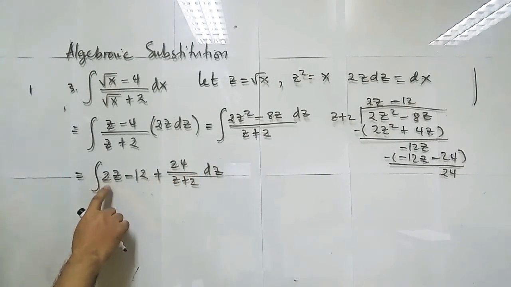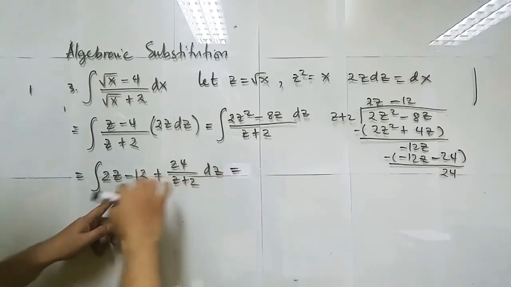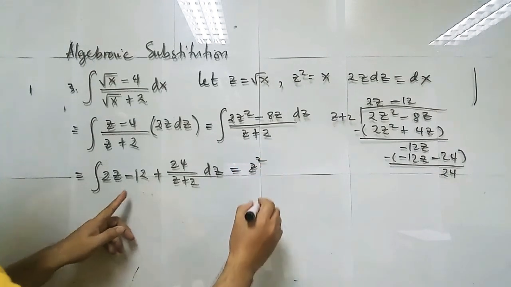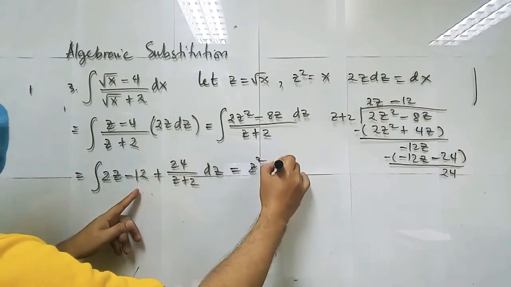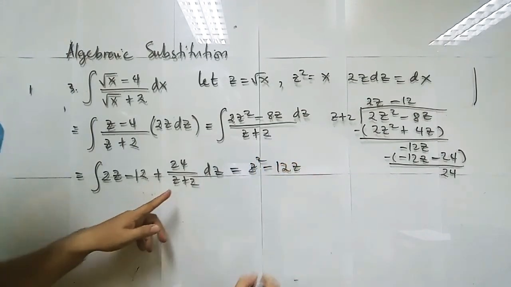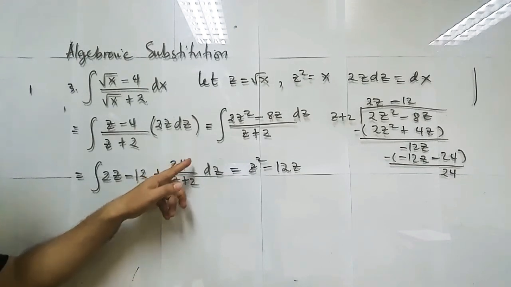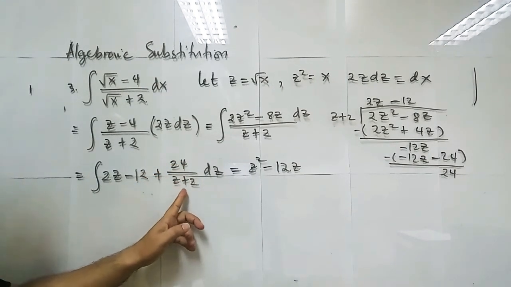If we integrate this one, 2z squared over 2 is z squared, minus the integral of 12 dz, that is 12z, and then this one is ln of du over u. Let u equals z plus 2, the derivative of z plus 2 equals dz.